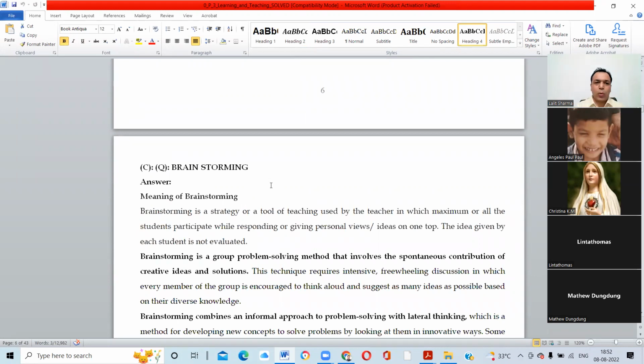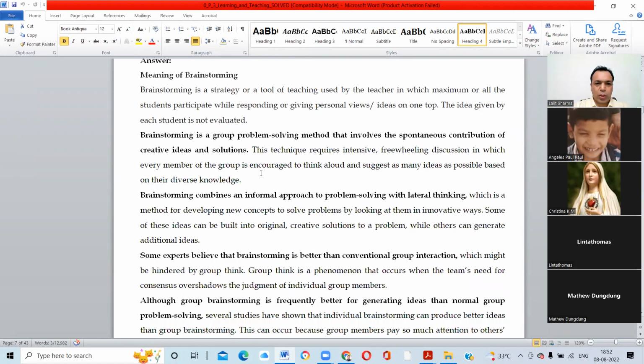The C part was brainstorming. Brainstorming is basically a strategy or a tool of teaching. These are called teaching strategies: brainstorming, enrichment programs, gaming. Brainstorming is a kind of teaching strategy in which the teacher gives a project to the students and allows them to think upon a particular problem.